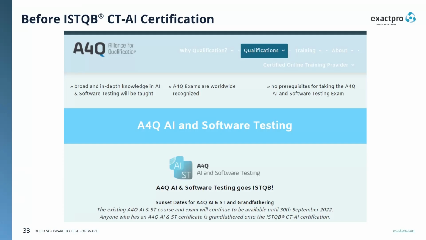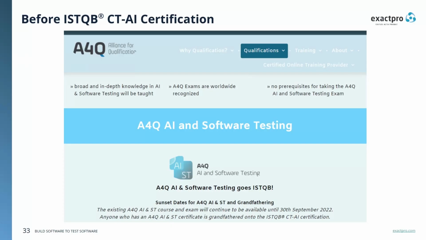But before that, there was its predecessor, the A4Q, Alliance for Quality, syllabus. It is like the grandpa of the current syllabus, and to a degree, it is better. There are some things there that are better, and somehow they did not get into the ISTQB syllabus.